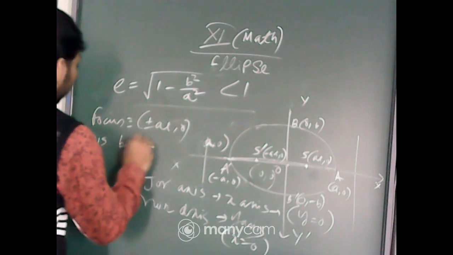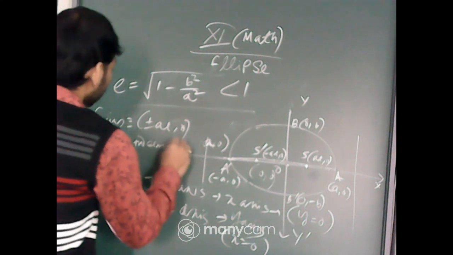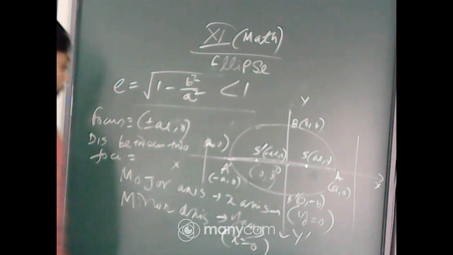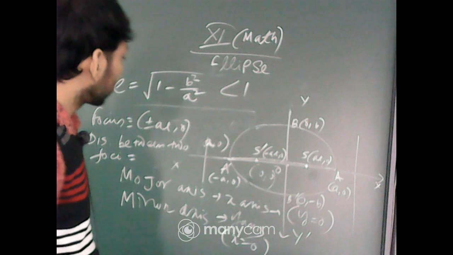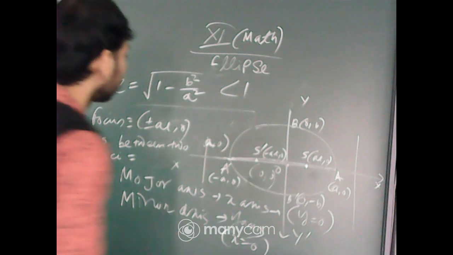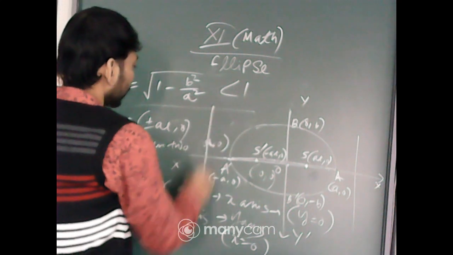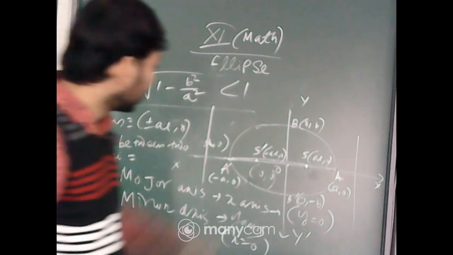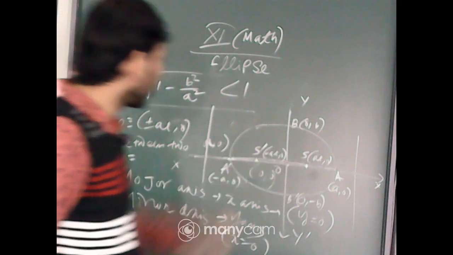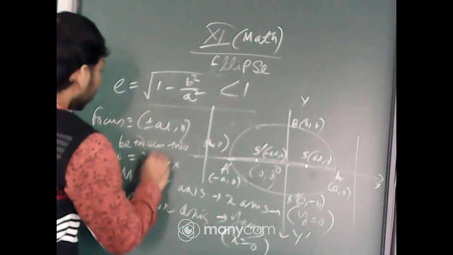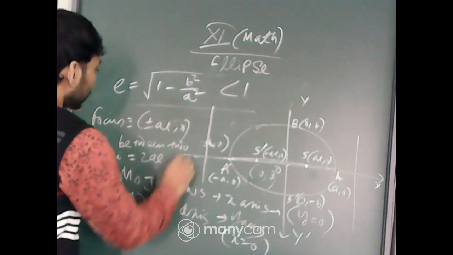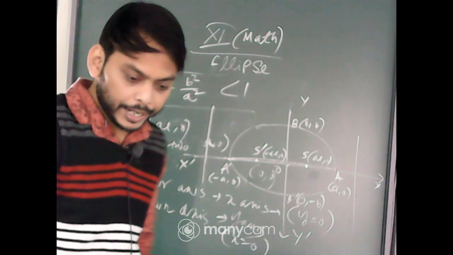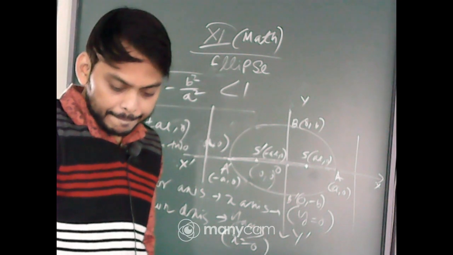It will be, distance between ae comma 0 and minus ae comma 0, that will be 2ae, isn't it? Distance between two foci, 2ae, isn't it?